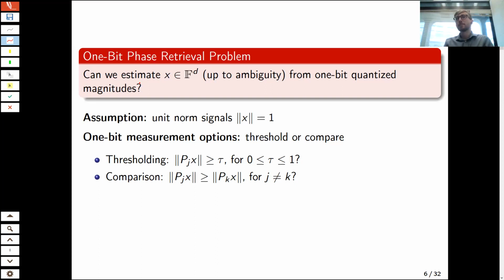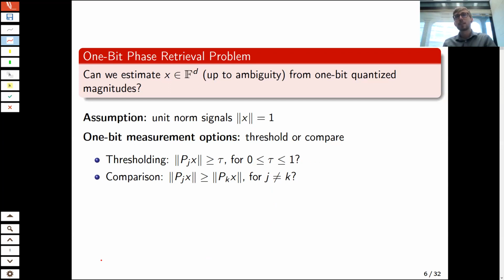The goal now is to estimate X, up to the level of accuracy that you want and up to the same ambiguity, from one-bit quantized magnitudes. We take these magnitudes of projections and then quantize. We have to assume that our signals have unit norm, because of this quantization we're going to lose information about the norm of X, so we just fix the norm to be 1.